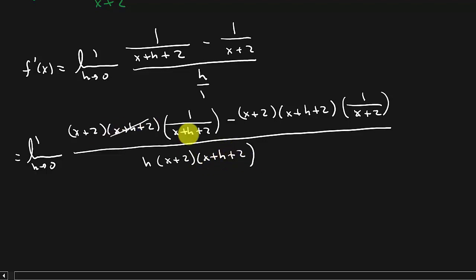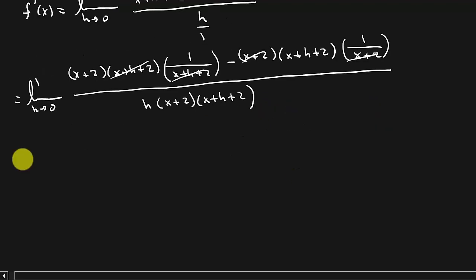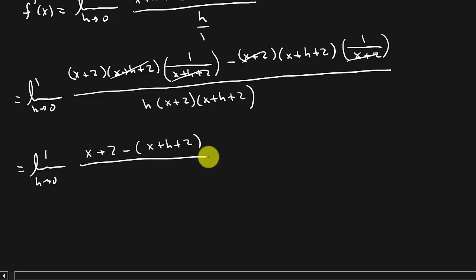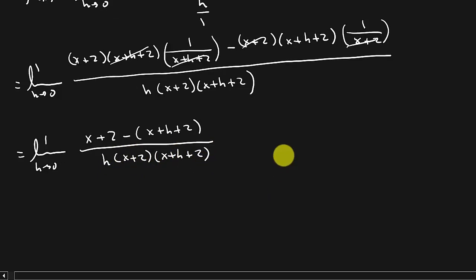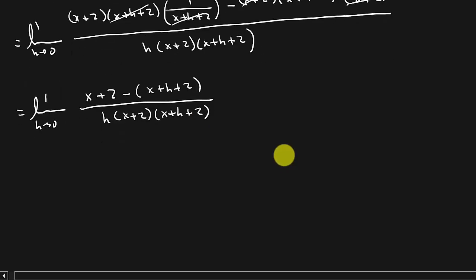And look, those cancel, this one cancels, and you can see we're left with the limit as h goes to 0 of x plus 2 minus x plus h plus 2 over h times x plus 2 times x plus h plus 2. See that? So you're getting a little bonus here with these extra problems.